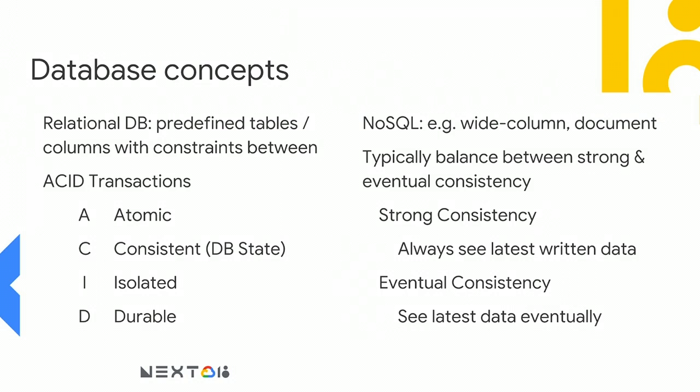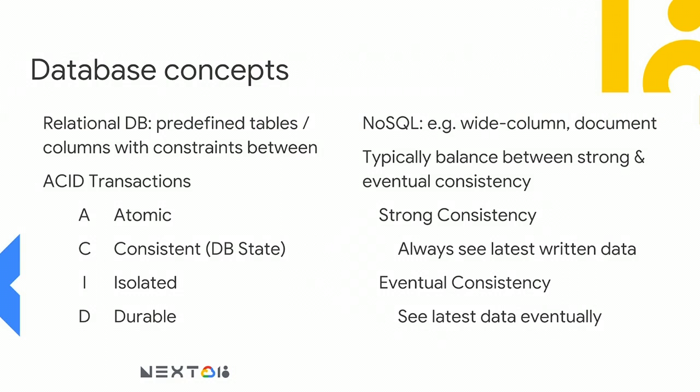I talked a little earlier about the trade-offs NoSQL solutions have made. With really wide columns or document storage, they often don't need all of those capabilities, so they're willing to make some trade-offs. One of the most fundamental is between strong and eventual consistency.